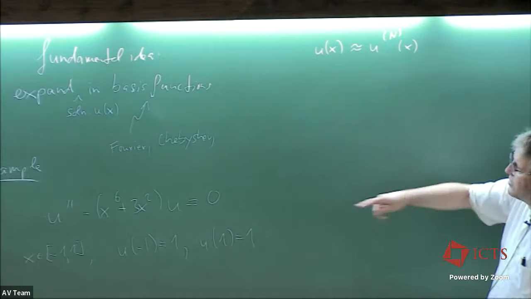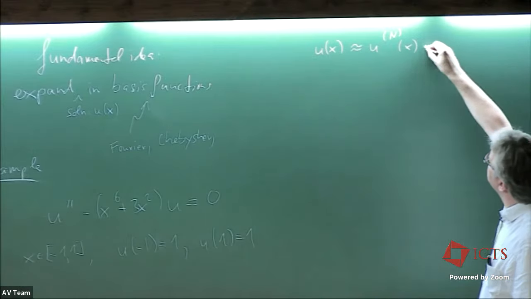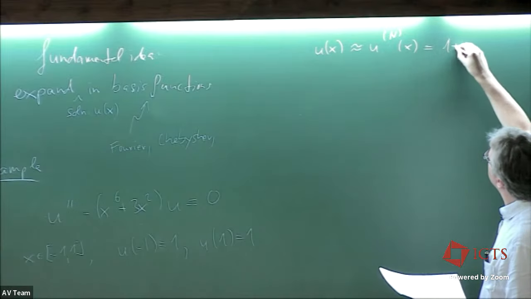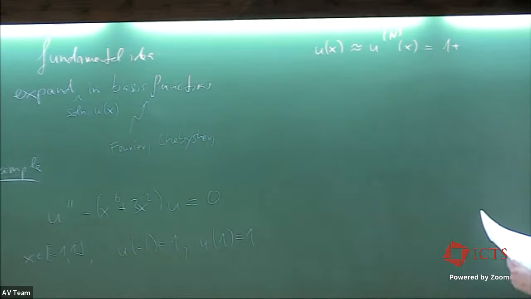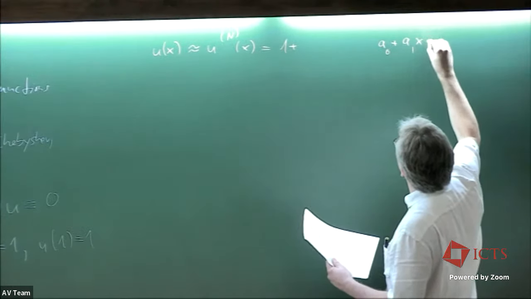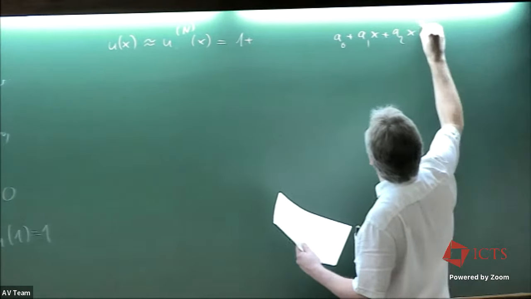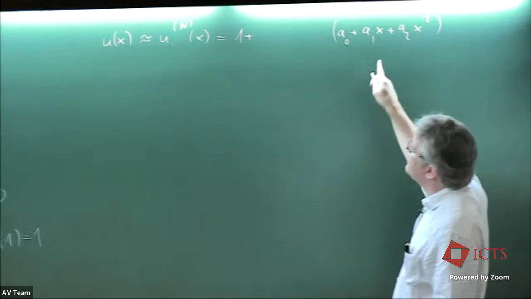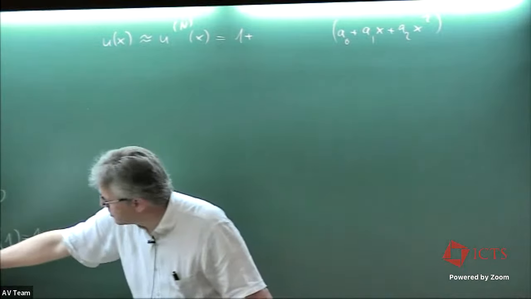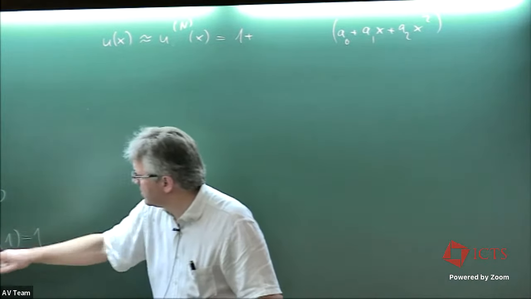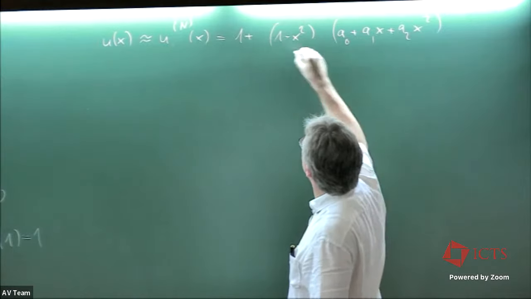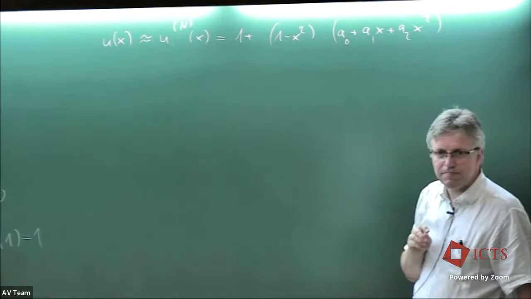And so, in this simple example, I'll start in a slightly unusual way. Namely, well, I'll start with a Taylor series with a0 plus a1 x plus a2 x squared. I'm modifying it to immediately incorporate the boundary conditions, the u at plus minus 1 equals 1. So I'm putting a 1 minus x squared in front of this thing here.